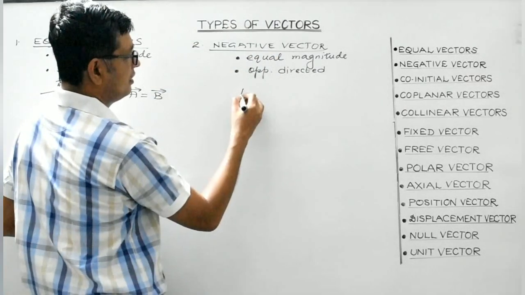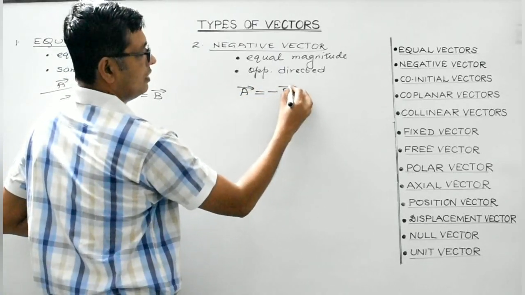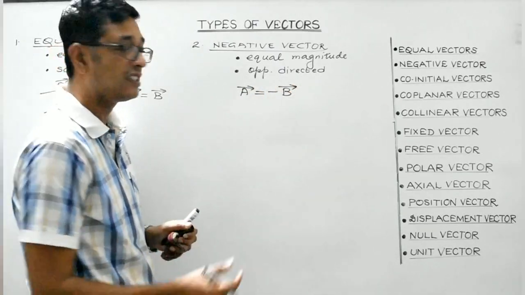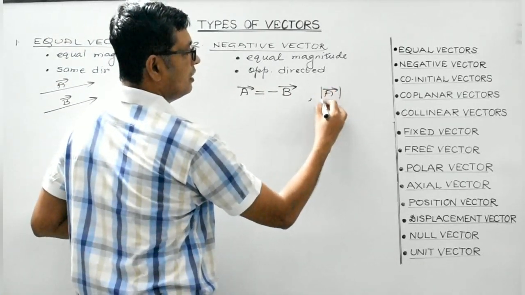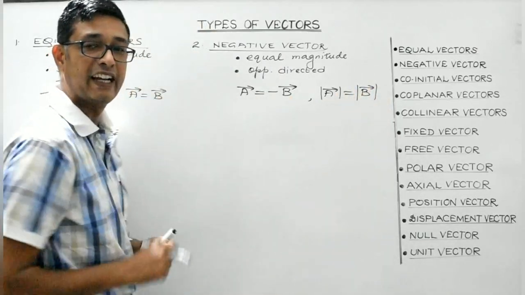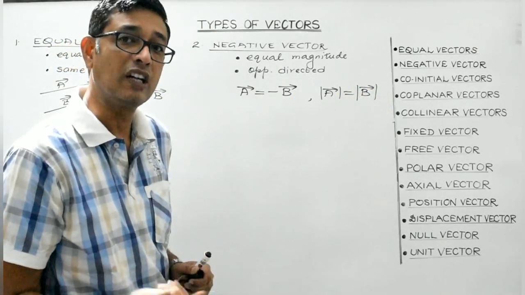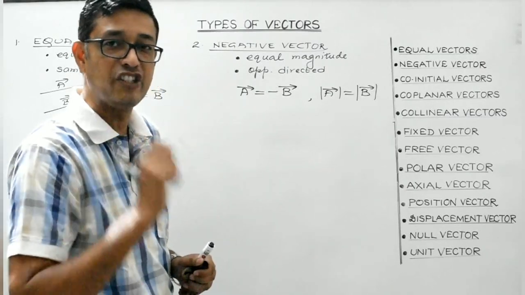So if I say A vector is negative of B vector, this equal sign indicates that both are of equal magnitude. That is, magnitude of A is equal to magnitude of B. But this negative sign suggests that both are oppositely directed. That is, the angle between them is 180 degree.